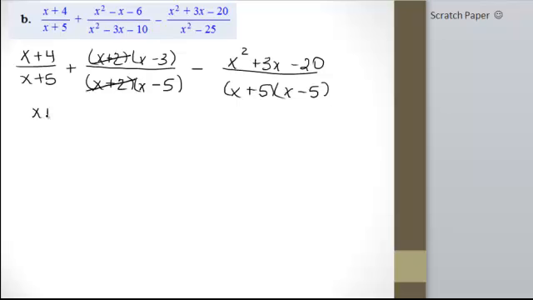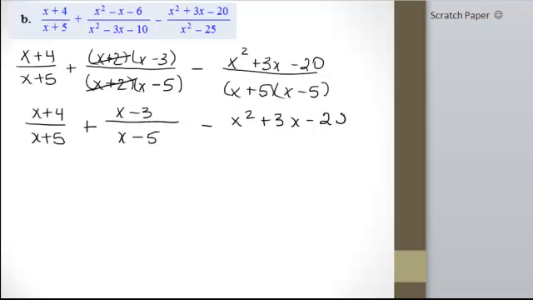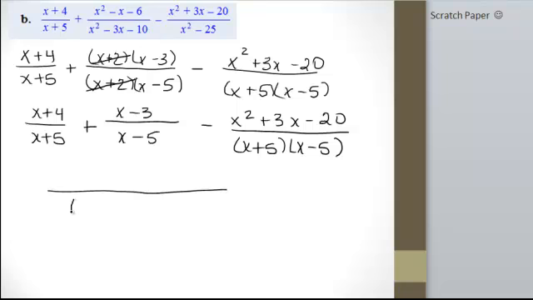So now we have x plus 4 over x plus 5 plus x minus 3 over x minus 5 minus all of this fraction. So your least common denominator is going to be x plus 5 and x minus 5.